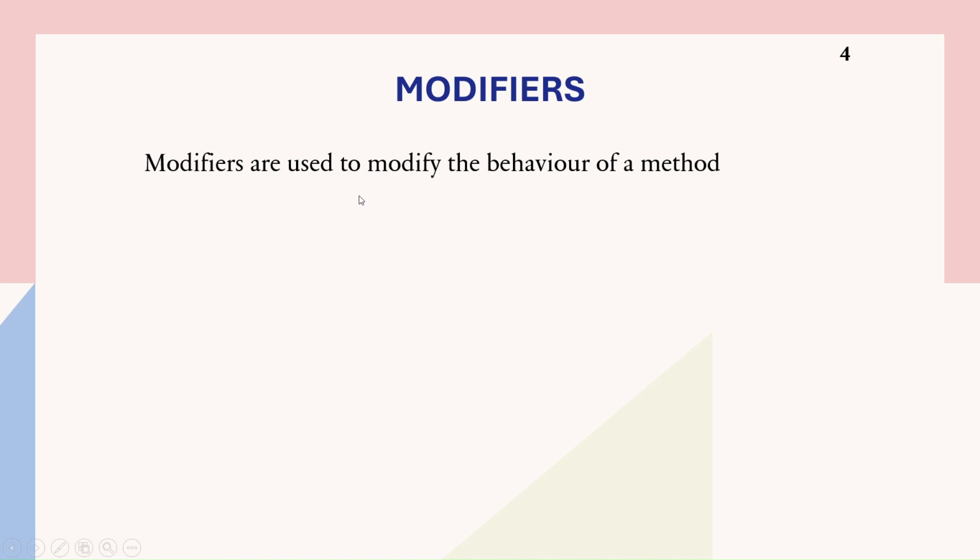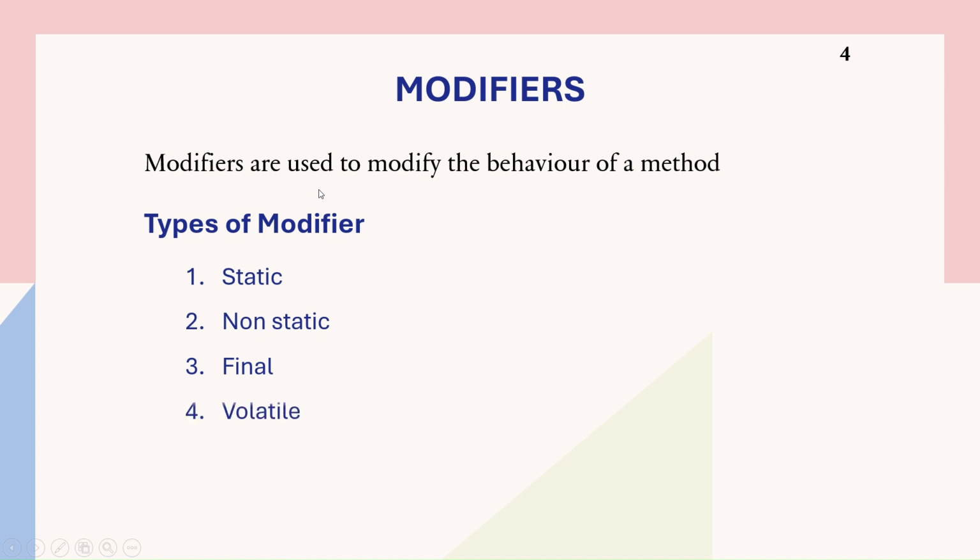It depends on what they are writing in their methods. They can write static, non-static, final, volatile, and synchronized. These are the five types of modifiers which we can mention in our method to define how the method behaves.